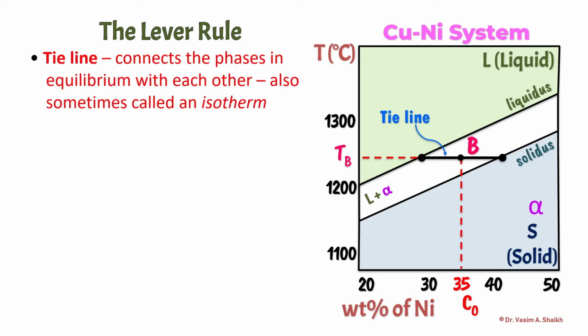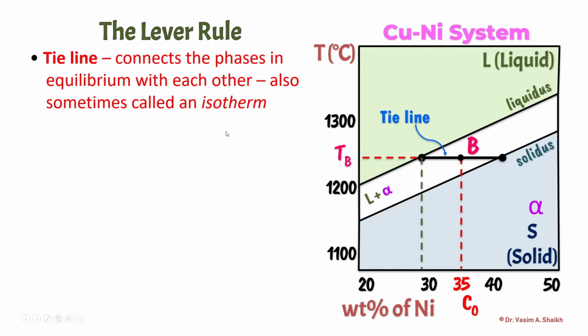So now let us see what is the tie line, and we have a definition of a tie line. So a tie line is nothing but a line that connects the phases in equilibrium with each other. Also sometimes it is called as an isotherm. So isotherm means at constant temperature. So it is the tie line.